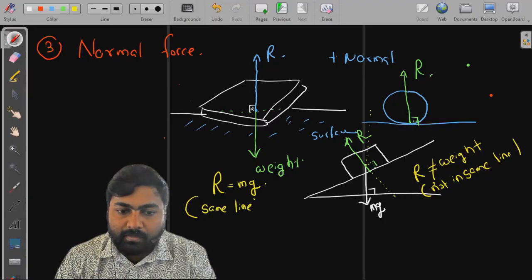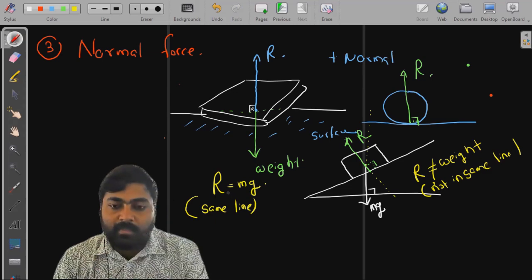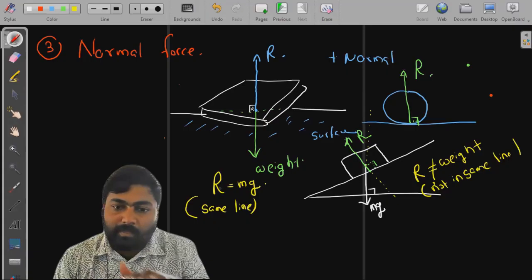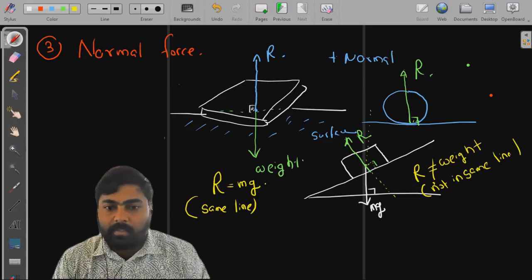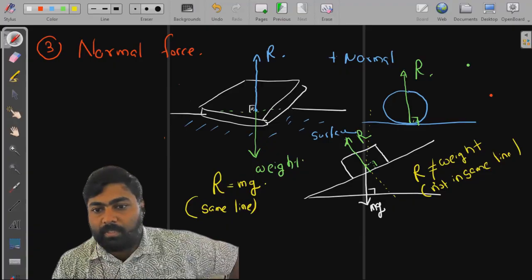Are you clear? Yes, sir. If it is a horizontal surface, R is equal to mg. If it is an inclined plane, it is not equal to the weight mg. Are you clear?